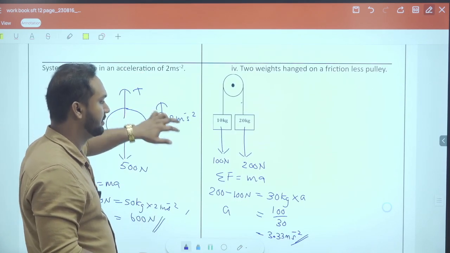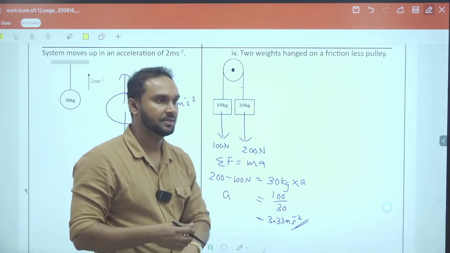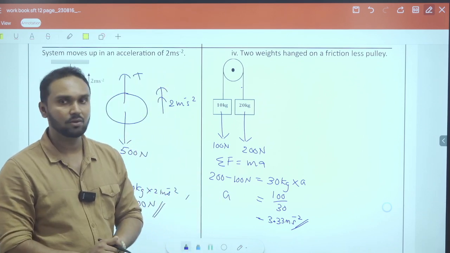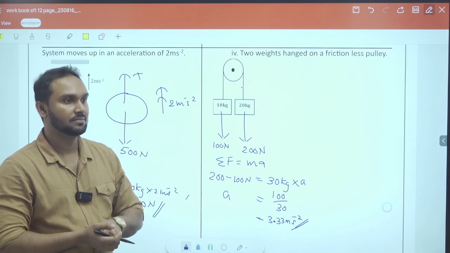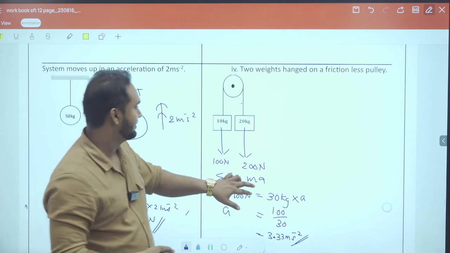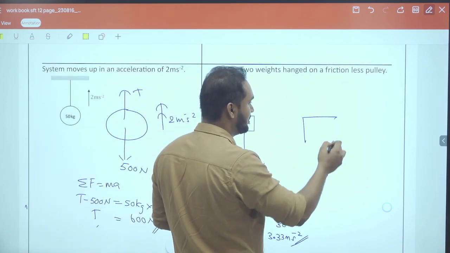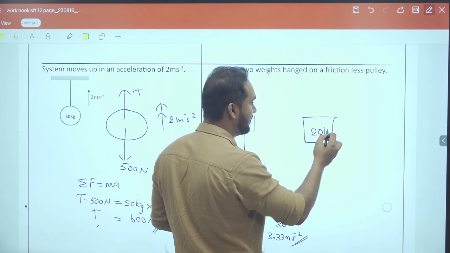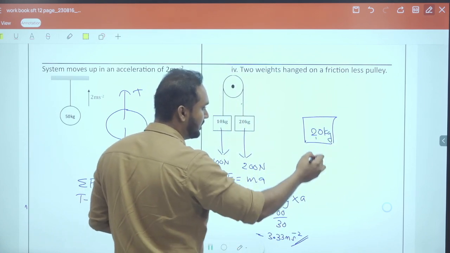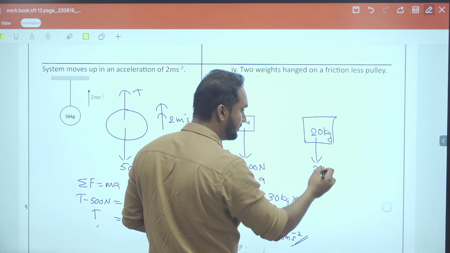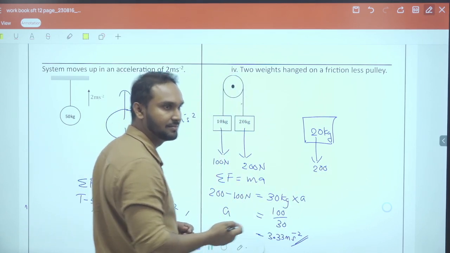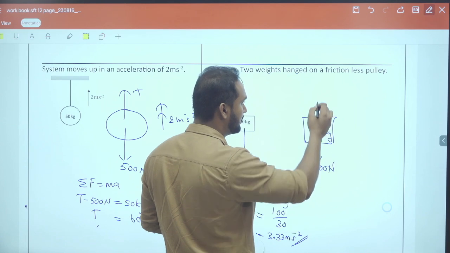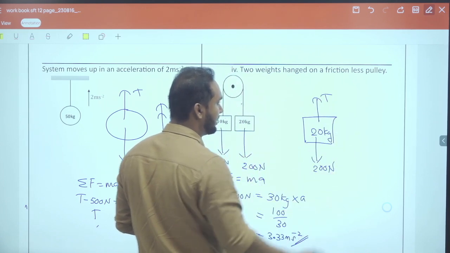So now find the tension. You have to isolate one of the objects. Which one would you isolate? 10 or 20? Select one. 20. Then 20 it is, right? So 20 kilograms are there. 200 newtons are acting downwards, isn't it? Right? 200 newtons are acting downwards and tension is acting upwards.